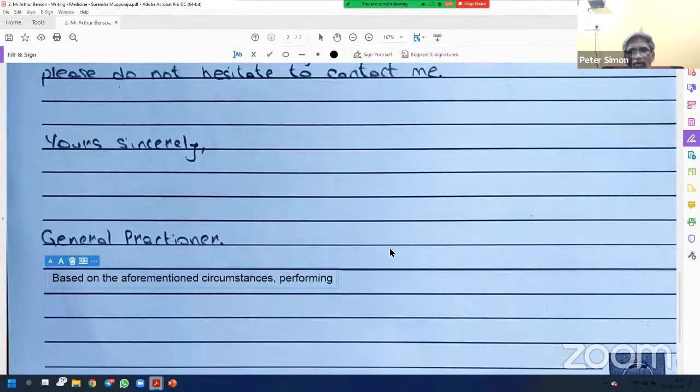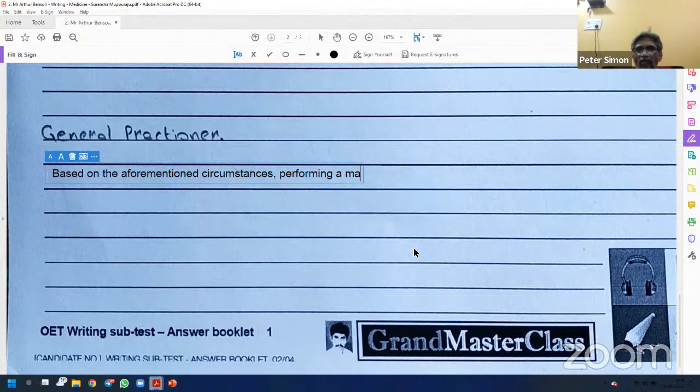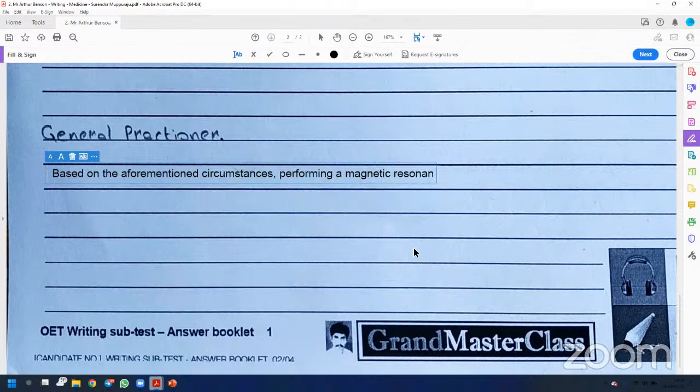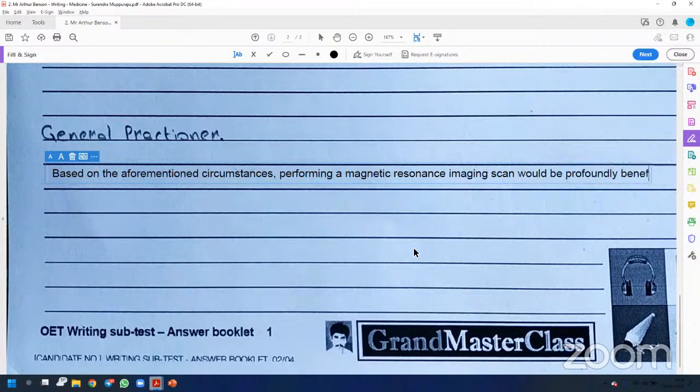What is MRI? Magnetic resonance imaging. Magnetic resonance imaging scan would be profoundly beneficial.